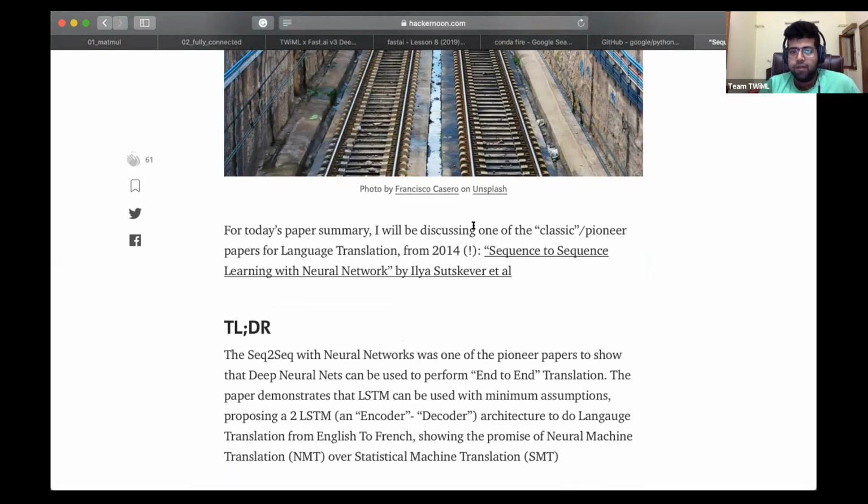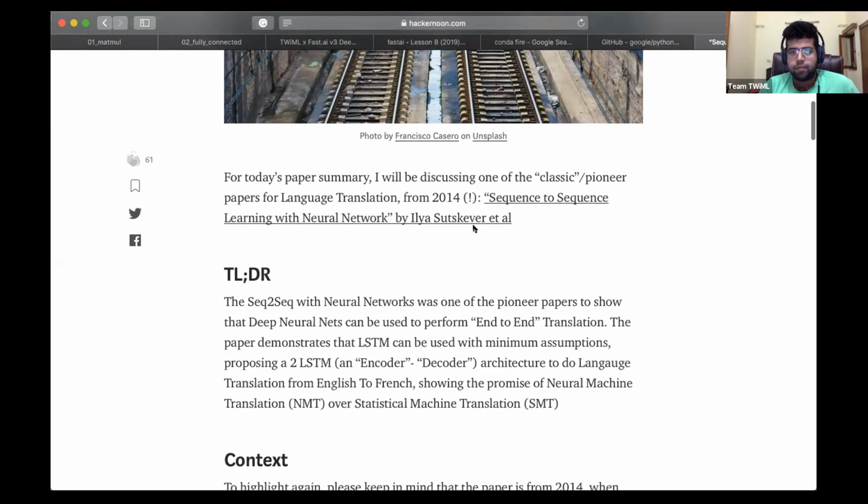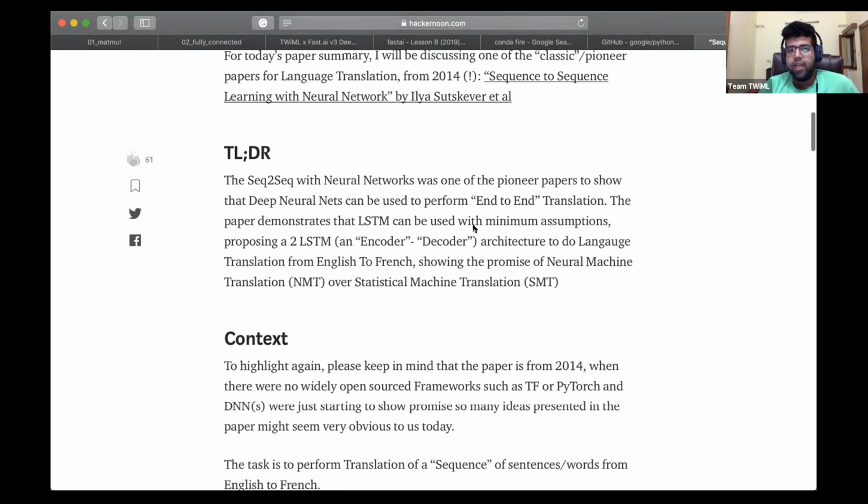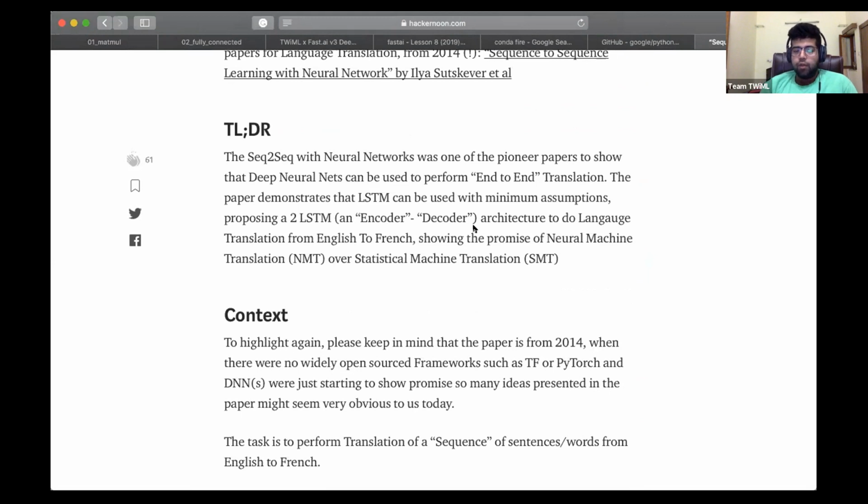So that's why I wanted to cover this paper for this week. To give you a quick TLDR, during the time neural nets only worked with fixed length inputs, which was the problem being dealt with in translation, that you do not have a fixed length input.